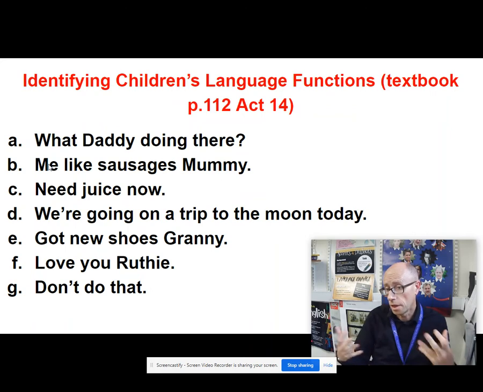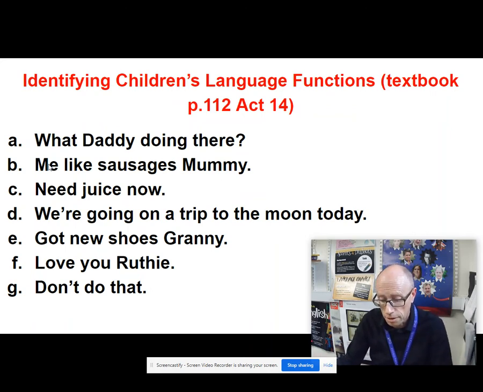So saying, "I would like some sausages, mummy," so giving a request. On the other hand, it could be a personal piece of information, conveying an individual opinion. Or it could be representational, in that it's giving some information. So there is a range of different things it could be, according to Halliday.